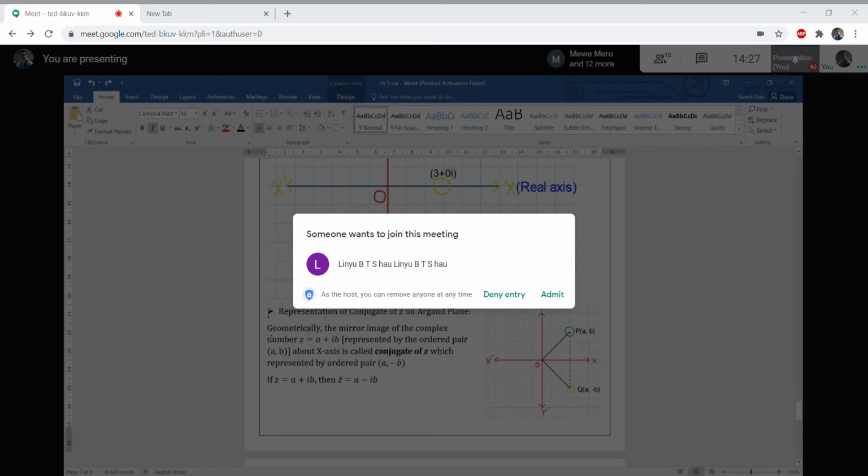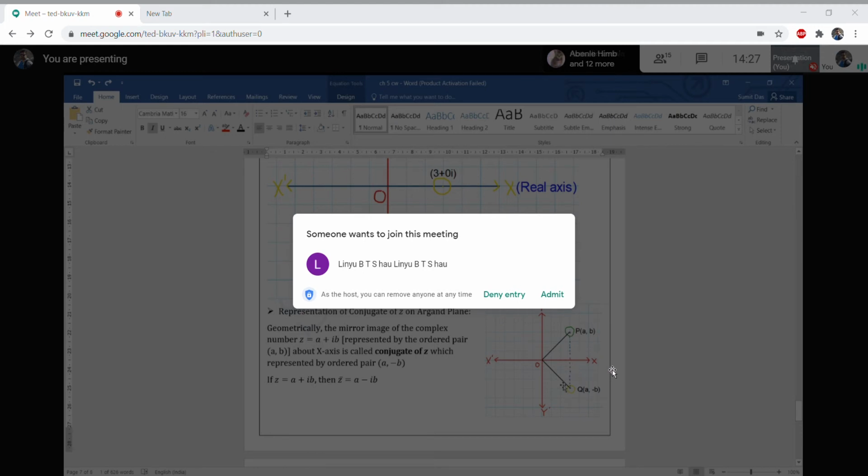Look, geometrically the mirror image of complex number z equal to a plus ib, represented by the ordered pair a comma b. You can see here this is z equal to a plus ib, represented as a comma b in ordered pair.